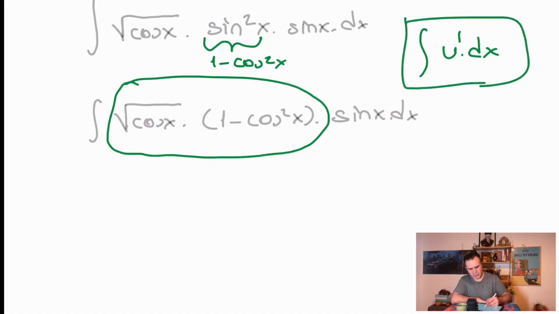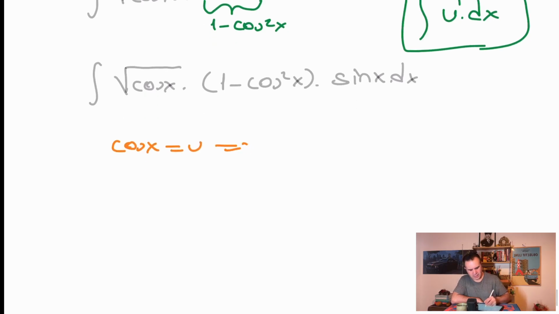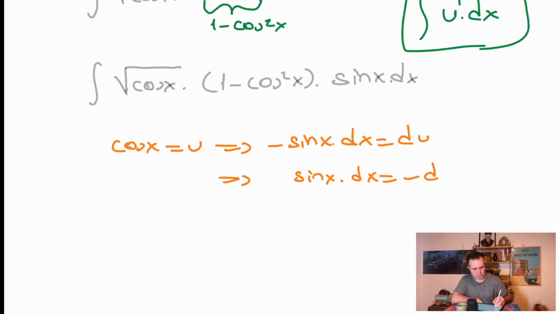Now we have cosine x here, and I will say that cosine x is equal to u. Then minus sine x times dx is du. This means, taking the minus sign to the right side, sine x times dx is equal to minus du.